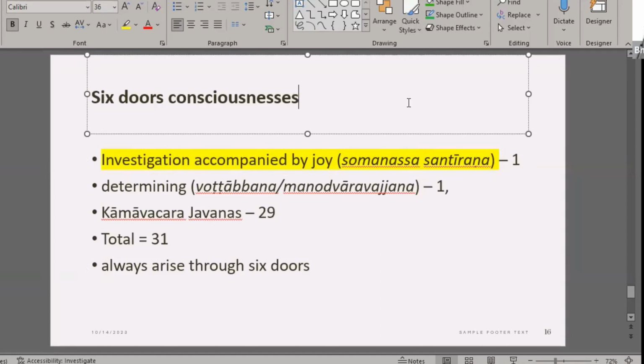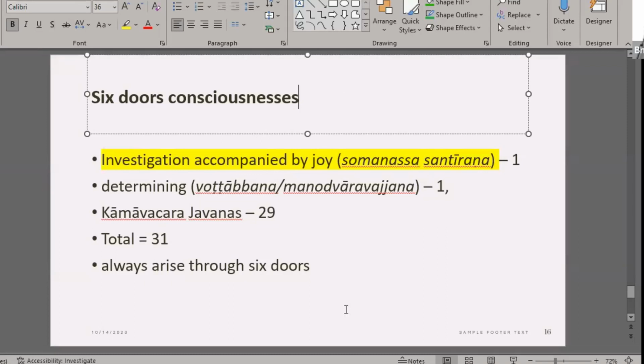In Ahetuka, there are 2: Upekkha Sahagata Santirana, Kusala Vipaka, and Upekkha Sahagata Santirana, Akusala Vipaka. Those 2 chittas perform Patisandhi, Bhavanga, Chuti, Santirana, and also Tadarammana functions.